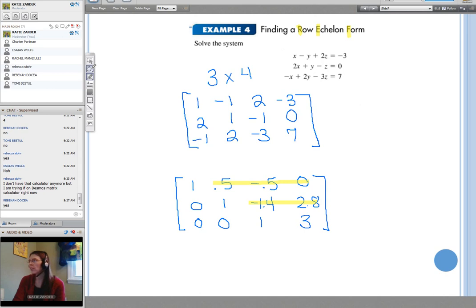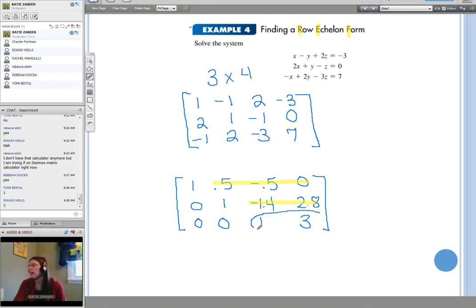So taking a look at this row echelon form, I know that z is going to equal what number? Z is going to equal 3, because looking at this last row, we know that 1 is the coefficient in front of the z. So technically that stands for a 1z equals 3.